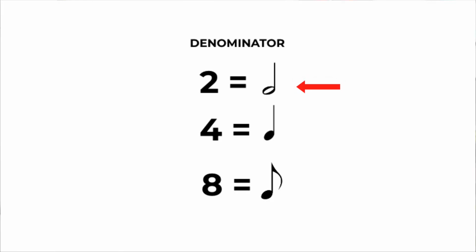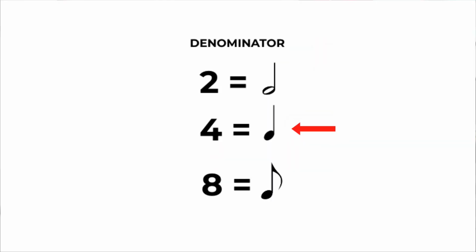If we have a denominator of 2, that means that in this part of the composition, every single half note takes the value of 1. Normally you would say, well, wait a minute, a half note is 2. No, the time signature is telling me now that the half note is no longer 2, it now takes 1 beat.